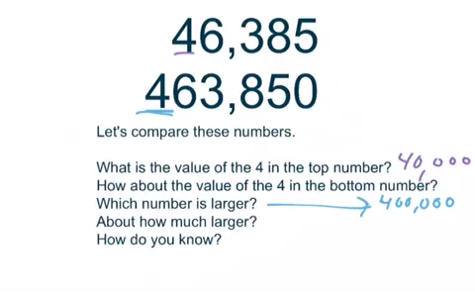About how much larger is that? I hope you're thinking, well, it's going over one place value. We know place values, we're in a base 10 system, so it's going to be about 10 times larger. And how do you know? Pretty much what we've just said there, right?